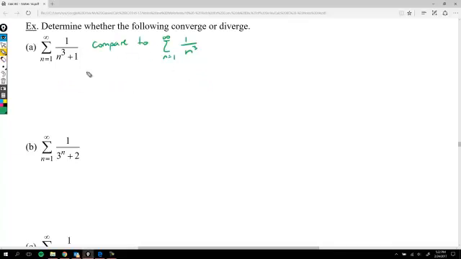So I'm going to compare these. Now I'm going to say that this is bigger than the one that I'm given. I know that this converges. I'm going to write that a little neater, sorry.